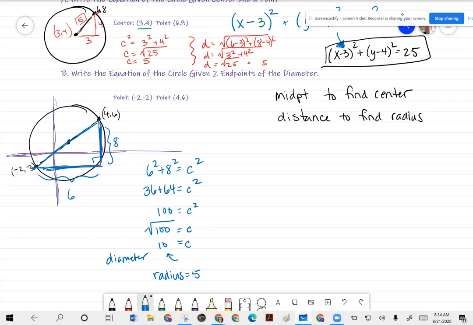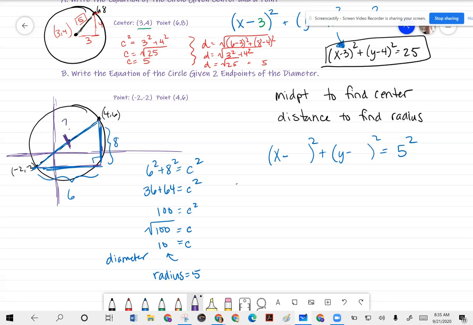Now what I have in my equation is everything but the center. I know my radius is 5, and I also have to square it. Now let's find the center. That means we're going to find the midpoint.